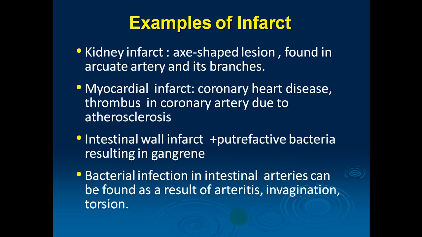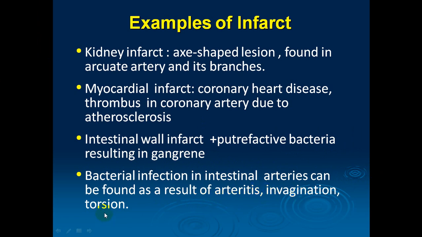Examples of infarct can happen in the kidney, or myocardial infarct due to coronary heart disease, or if infarct happens in the intestines with the activity of bacteria, it can result in gangrene. Also, obstruction of intestinal arteries can happen as a result of arthritis, invagination, and torsion.